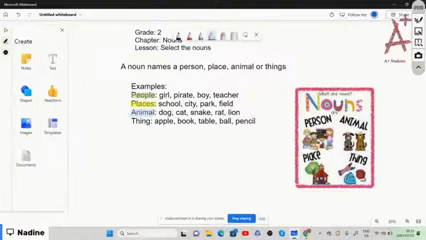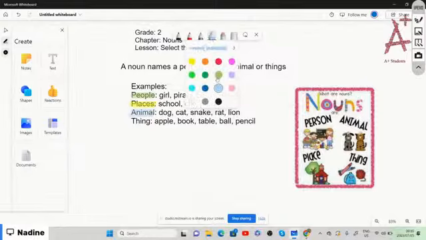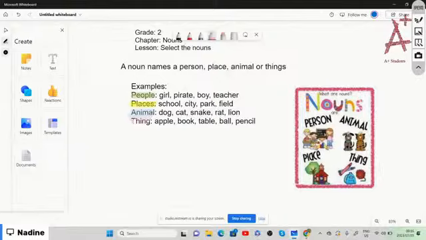And then we have things that we can also identify, because remember, nouns are also things. For example, an apple, it's a thing. A book that you're reading, it's a thing. The table is a thing. A ball is a thing, as well as a pencil.